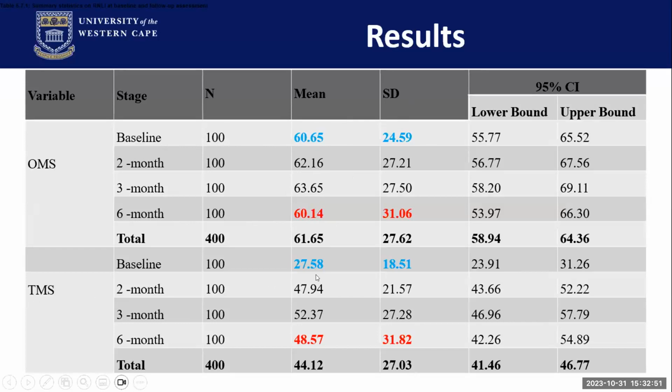When you look at the traditional medicine setting, at baseline, it was 27.58, increased to 47.92 at 2 months, increased to 52.37 at 3 months, and then it reduced to 48.57 at the 6 months period.